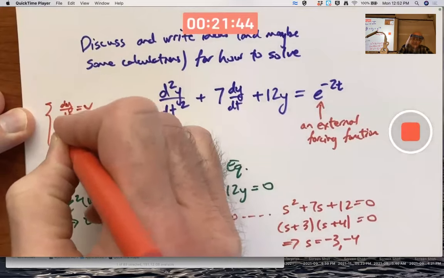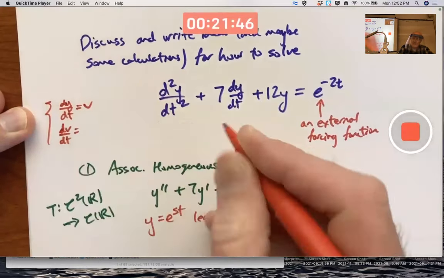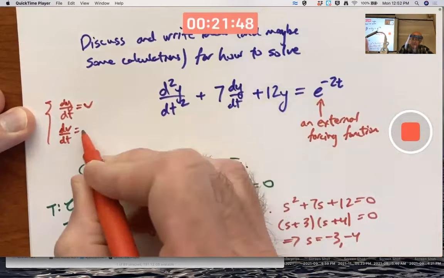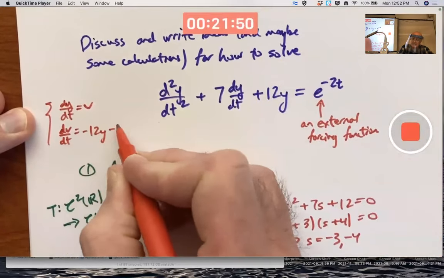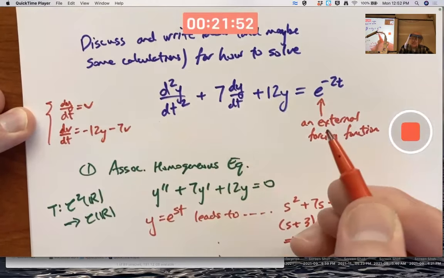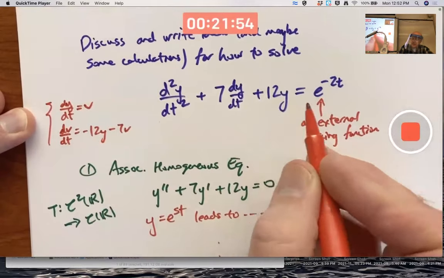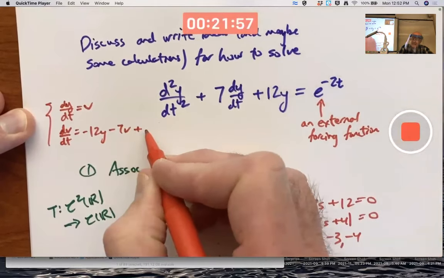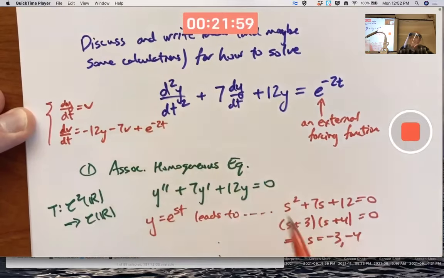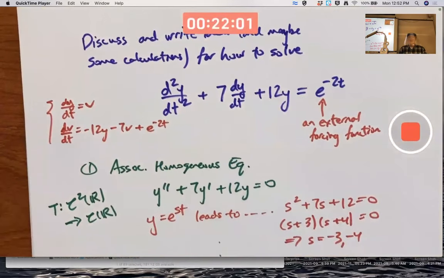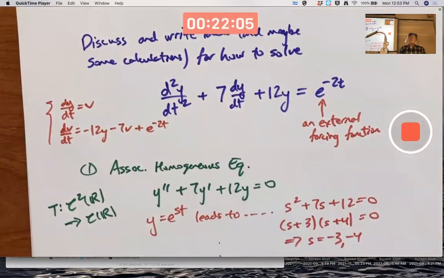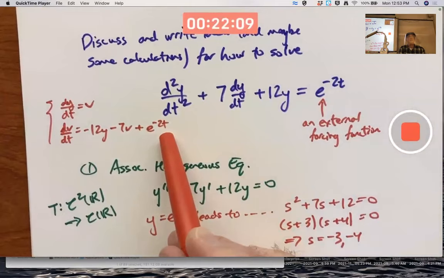And then dv/dt would be, careful here, negative 12y minus 7v, bringing those over to the other side. Don't forget the forcing part, plus e to the negative 2t. And that is a non-autonomous system because it involves a t on the right hand side.